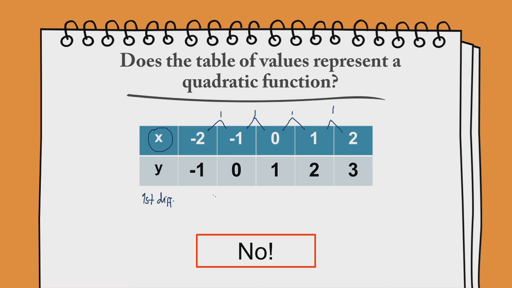Okay? So here we have 0 minus negative 1, that will be 1. 1 minus 0 is 1. 2 minus 1, 1. And 3 minus 2 is still 1. So, sa first difference, equal na agad.